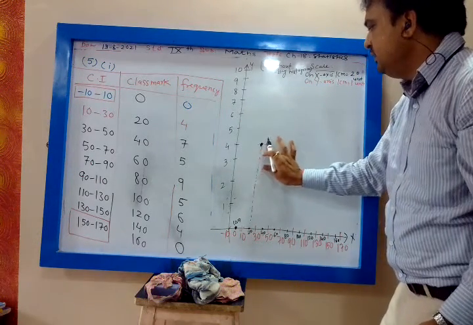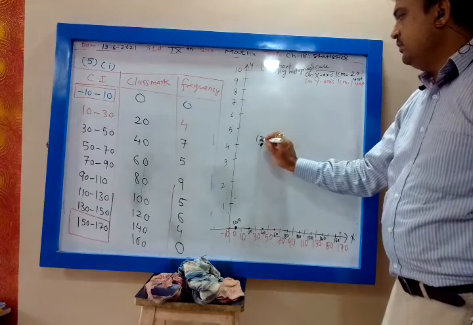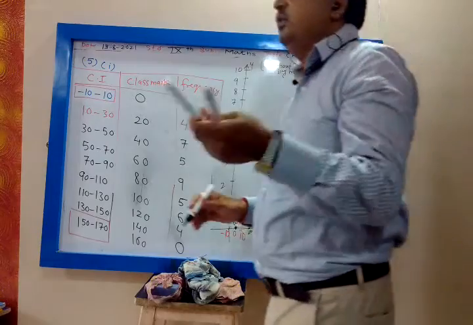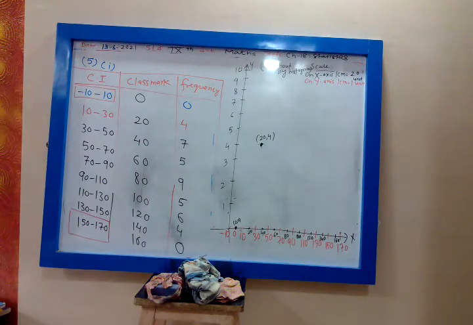Where they meet, that is my point 20, 4. You cannot write 4, 20, because first you have to write down class mark. Whenever you are writing the coordinate, first you write the x coordinate, then the y coordinate. 20, 4.